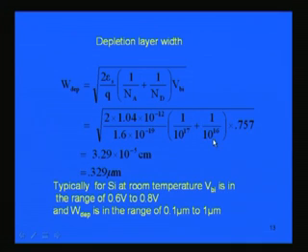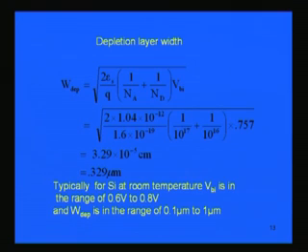This calculation under the root gives us 0.329 micrometer as the width of the space charge region or depletion region for this typical silicon p-n junction.